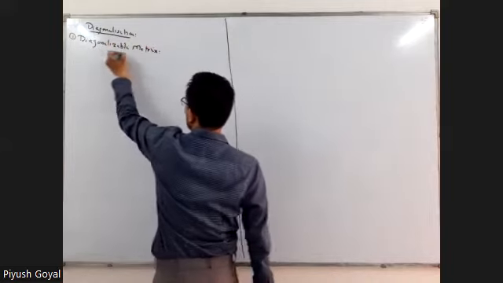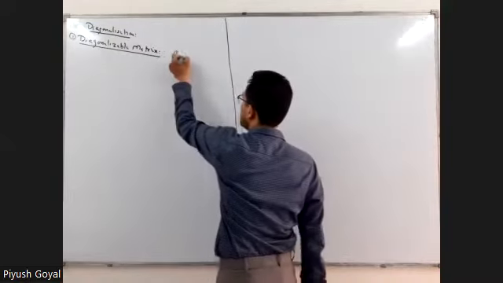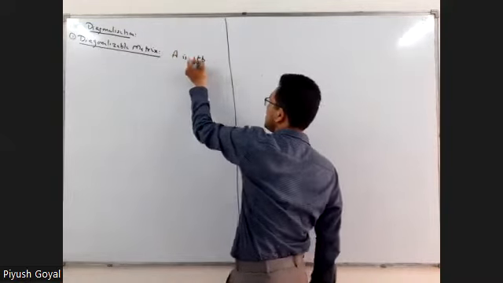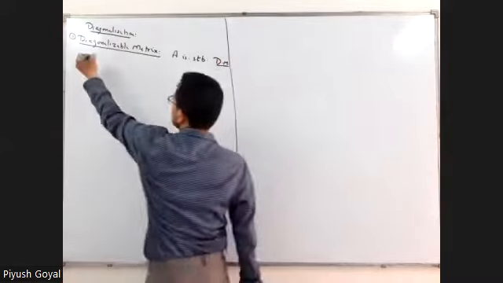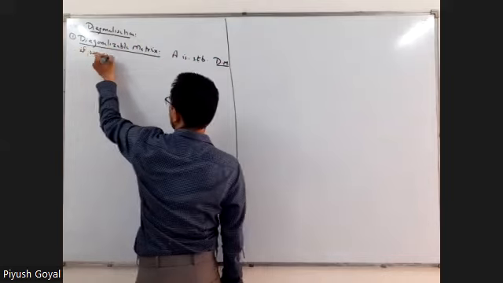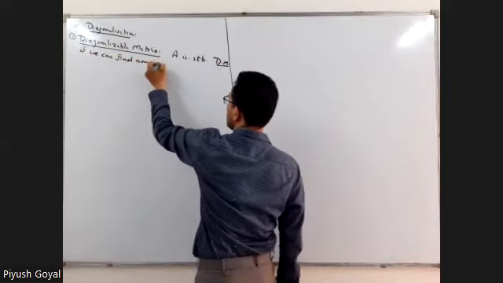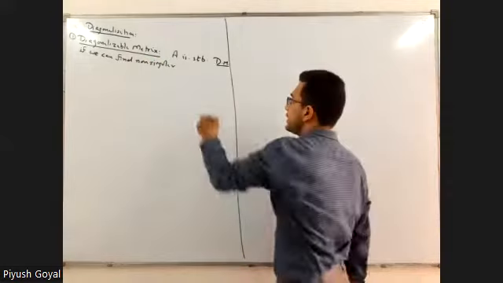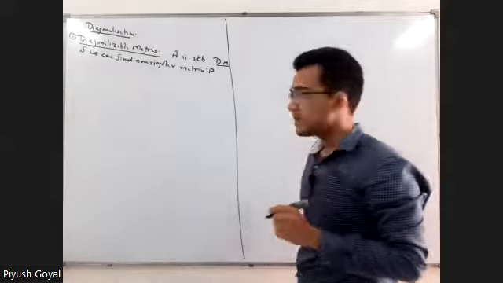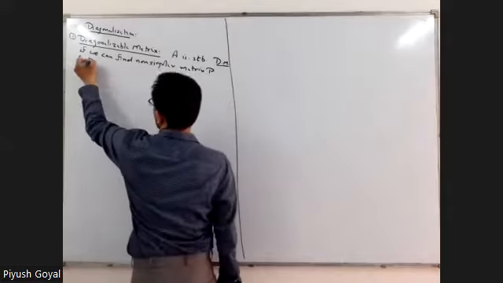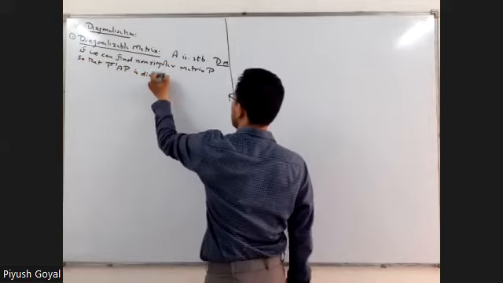A square matrix capital A is said to be a diagonalizable matrix if we can find a non-singular matrix capital P so that P inverse AP is a diagonal matrix.